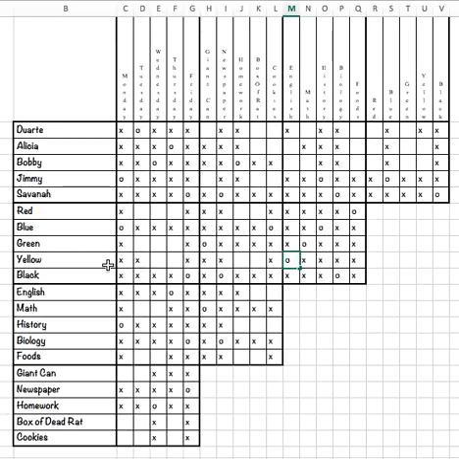And so if I know that the English rep is the Thursday person, then the yellow person is the Thursday person. So I'm going to put an O there and X the rest of that row and column. And then I know that the yellow person is not the can, the newspaper, or the cookies.